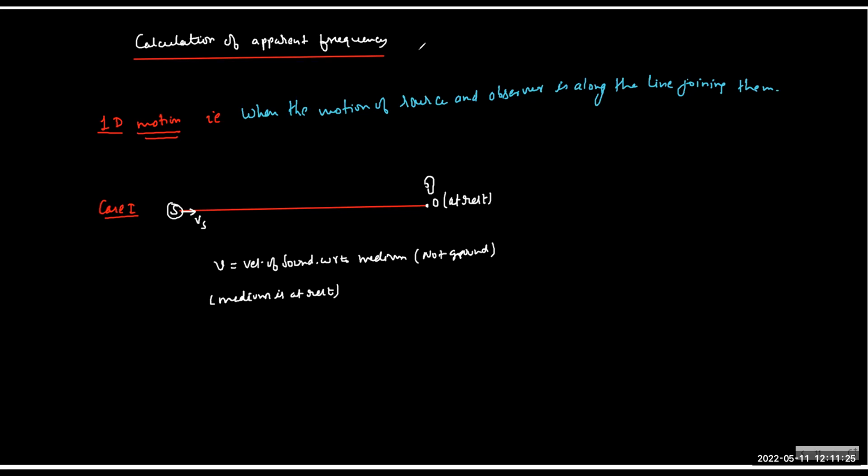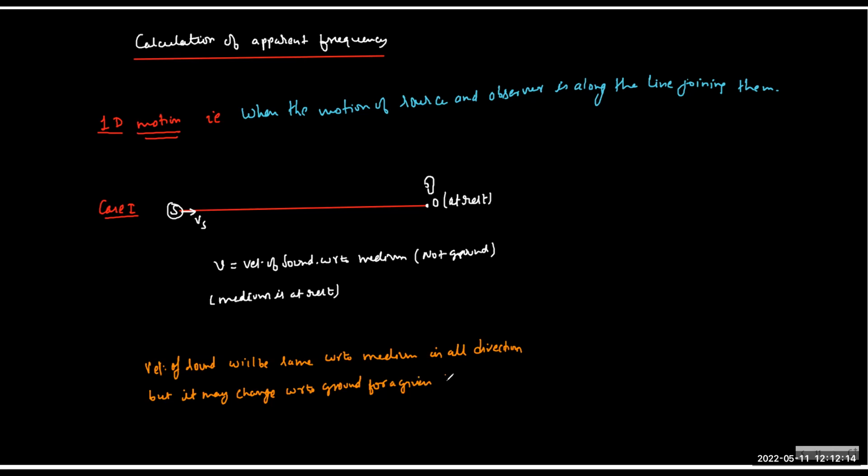So again, if you want, you can put it into words. The velocity of sound will be the same with respect to the medium in all directions, but it may change with respect to the ground for a given direction.